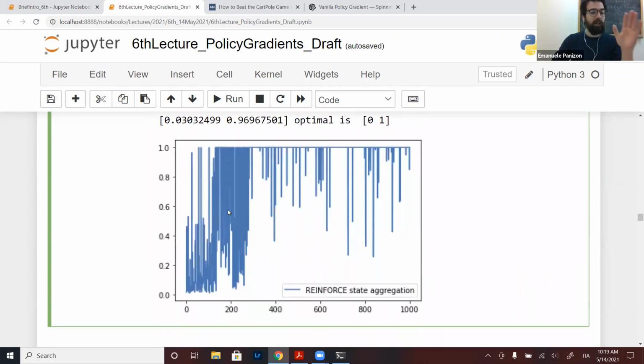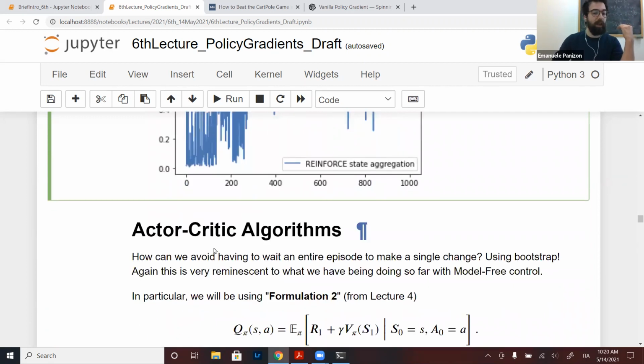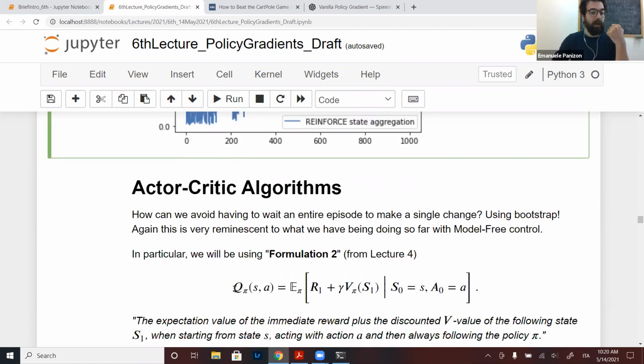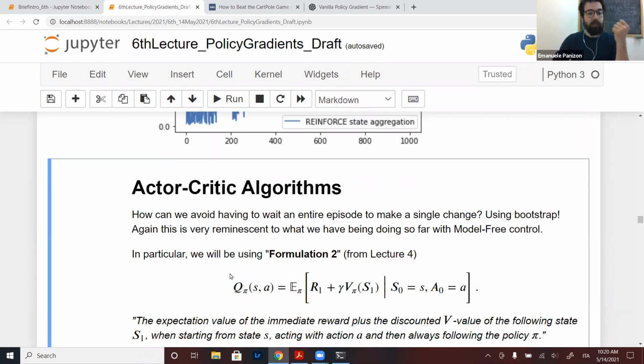Okay, so we have found that Monte Carlo works. You need to wait until an episode ends, but at least in this simple case, it works. But what if I don't want to wait for an entire episode to end before making a single update? Then I need some way to do bootstrap. I need some way to extract information on the value of the state that we already have and put it into the estimation of the quality Q. In particular, we use what I called the formulation two from lecture 4, if you want to go back to value evaluation.